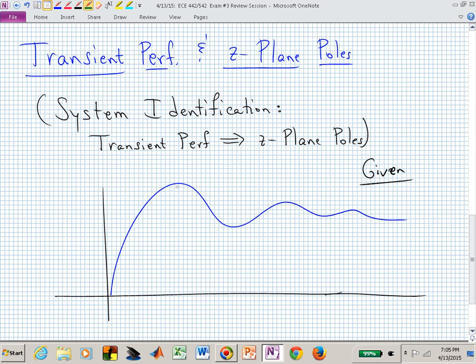You now might identify the peak time, maybe that's 1/4. Maybe the settling time, and you would have to eyeball that, but now you're saying you're within 1% of the final value. Maybe that's T sub S, and maybe that's 1. And this is a plot of y of n.